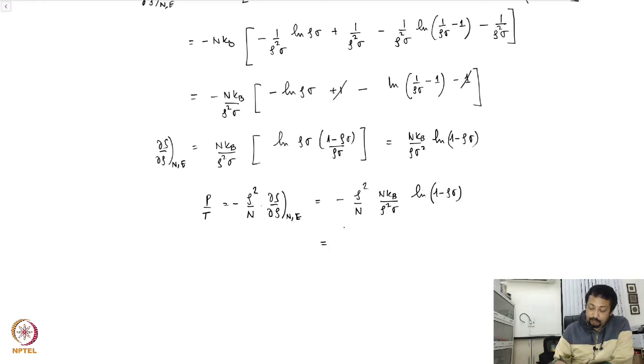Things simplify out. You see, rho square cancels out, n and n cancels out, and I have minus kb divided by sigma ln of 1 minus sigma rho, that is P over T.